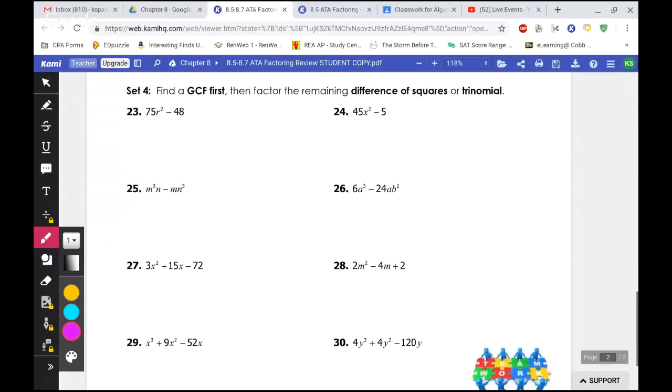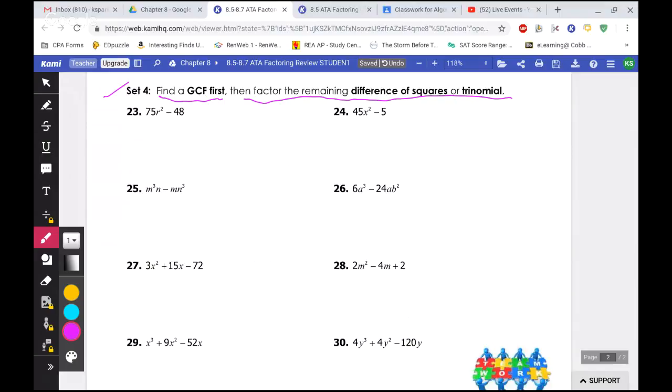I'm just going to review the instructions for set 4. You're supposed to find the GCF first, and then you would factor whatever is remaining. What's remaining is going to be one of two things: the difference of squares or a regular trinomial that we've been factoring.